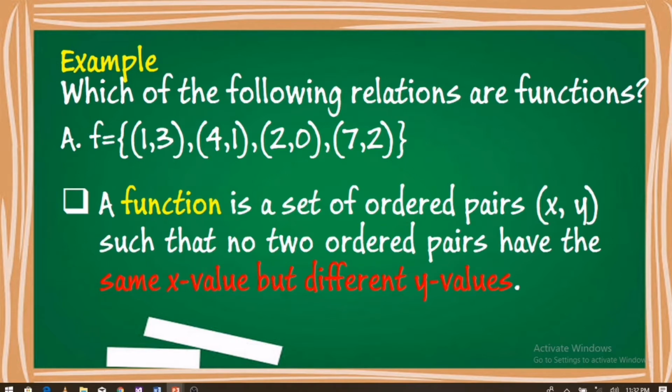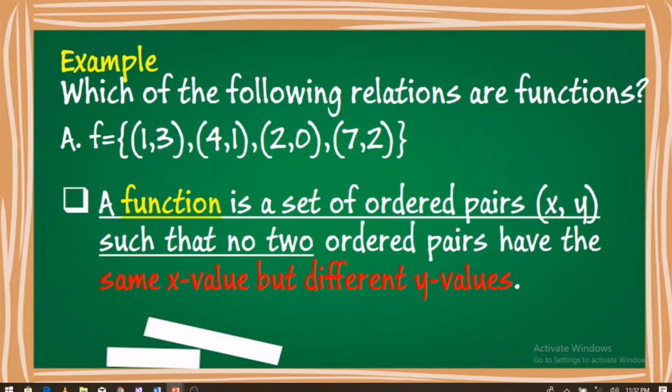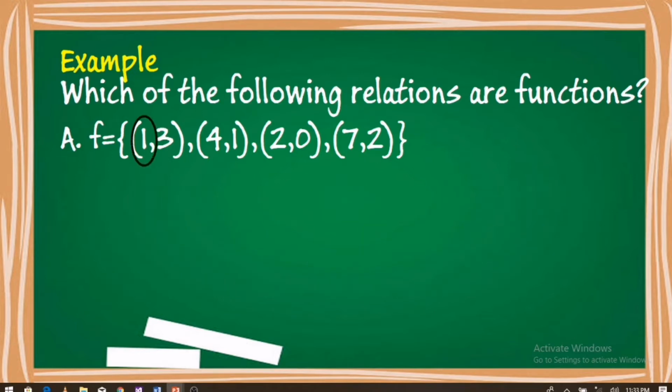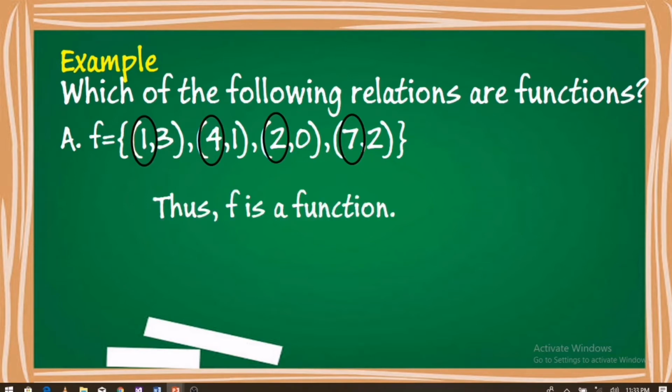A function is a set of ordered pairs x and y such that no two ordered pairs have the same x value but different y values. Let us check the x values of f: 1, 4, 2, and 7. No x values are the same. Thus, f is a function.